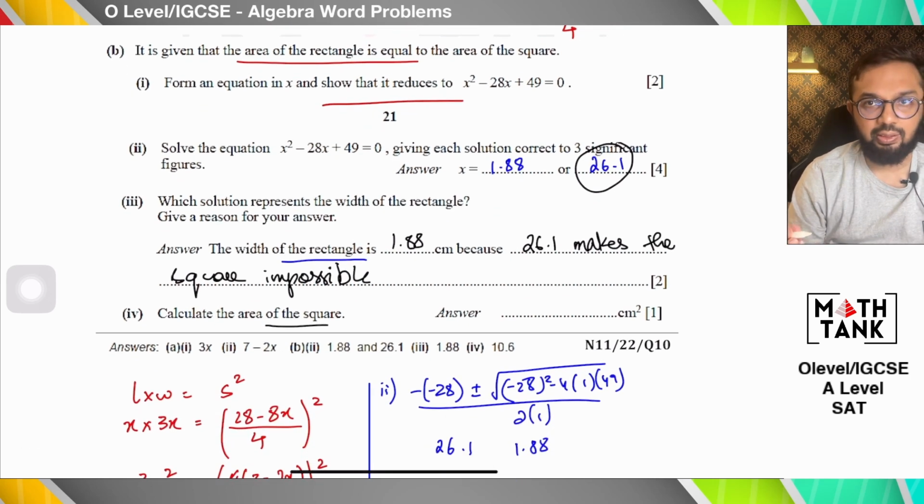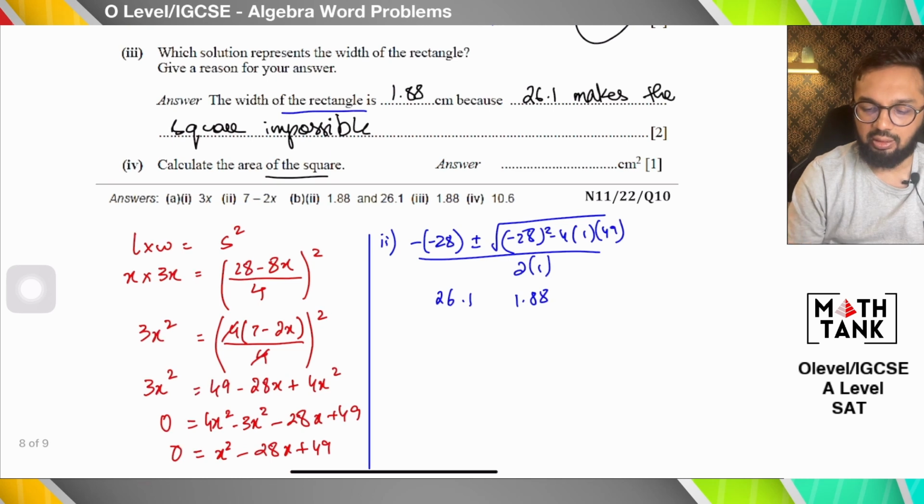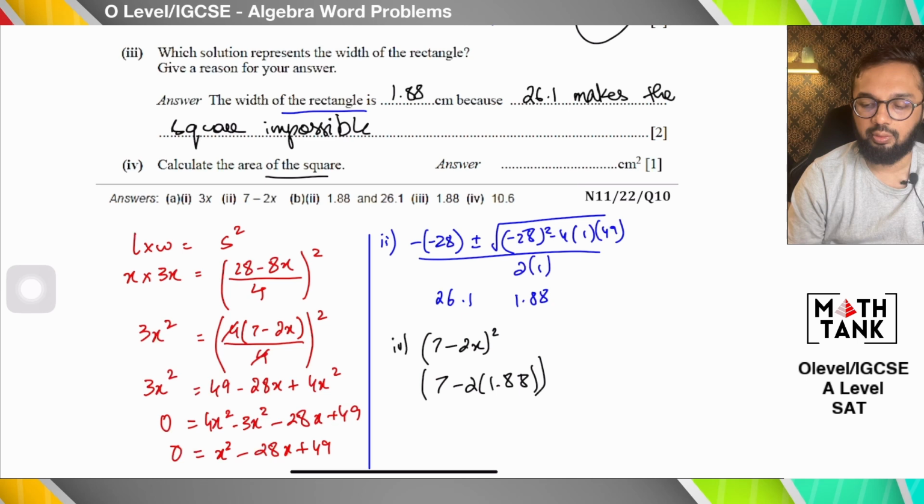So then can I calculate the area of the square? Yes, I can do that. I can just say that it's (7 minus 2x) whole squared. 7 minus 2x was the length of the side, as you can see here. That's what I factorized. So in the last part, I just have to put in the value and square it. Okay, it should give me 10.6.